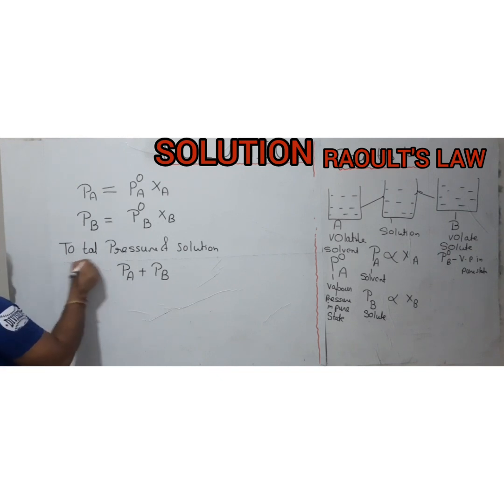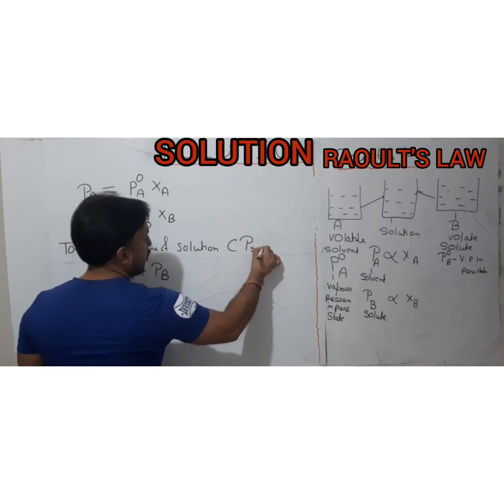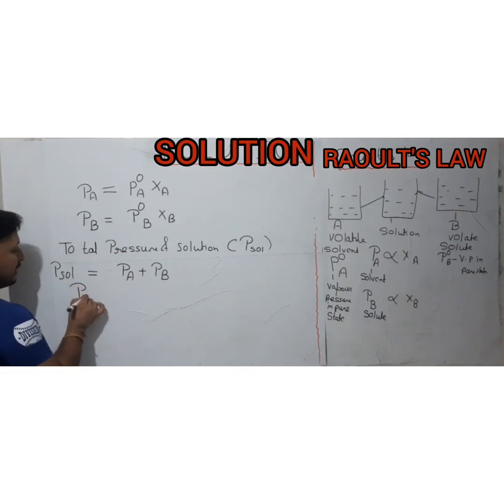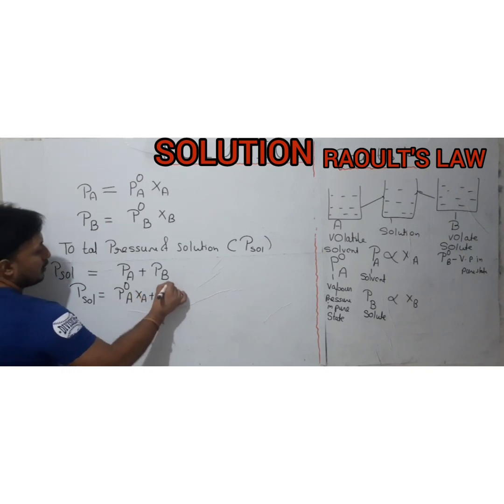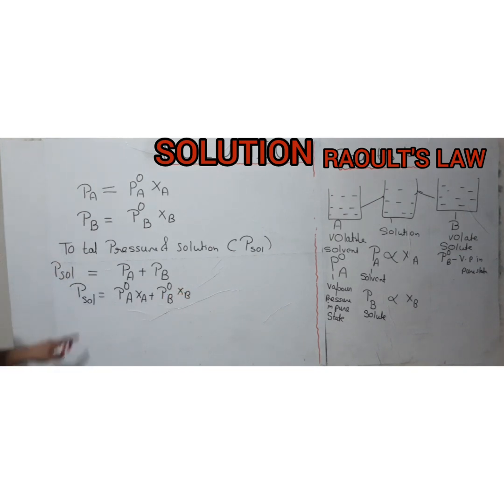We can denote the total pressure of the solution as PSOL. Then PSOL will be equivalent to PA plus PB, or putting in these values, P naught A XA plus P naught B XB. So that is how we can calculate the vapor pressure of the solution.